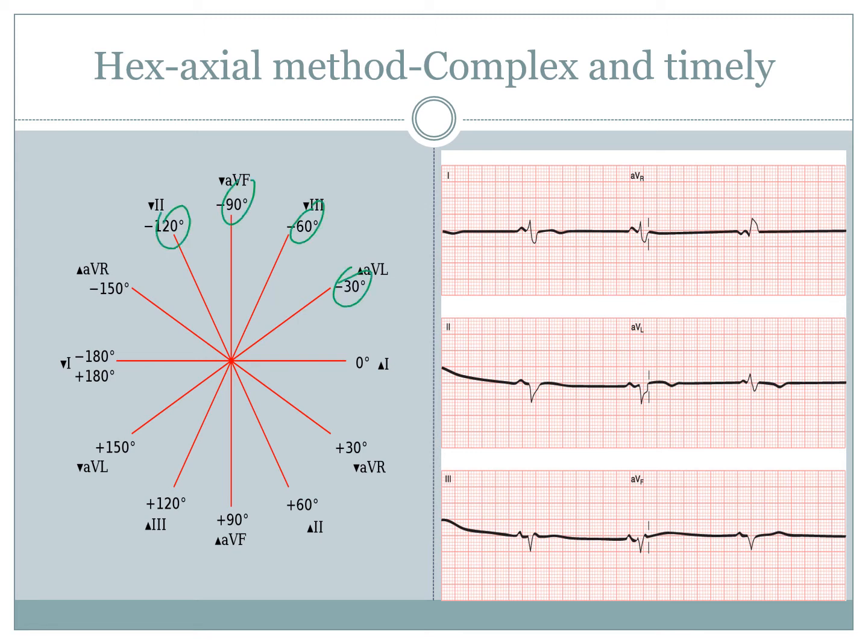The first thing we have to do is find one of the leads 1, 2, 3, aVL, aVR, or aVF, with the smallest equiphasic QRS. What that means is it has an equal amount of positive and negative amplitude.